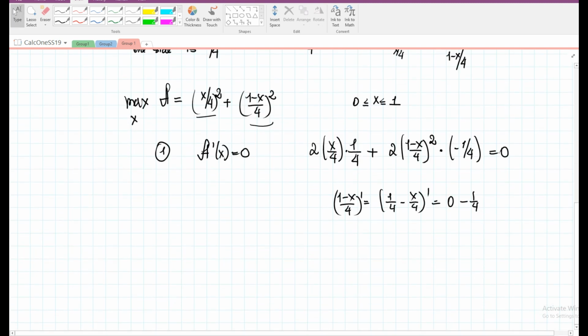Okay, so I've got this equation: 2 over 16 multiplied by x minus. So here I don't have the square anymore.